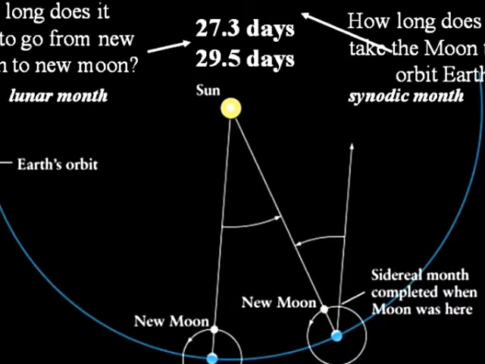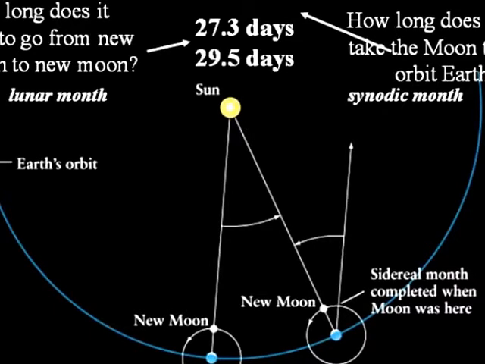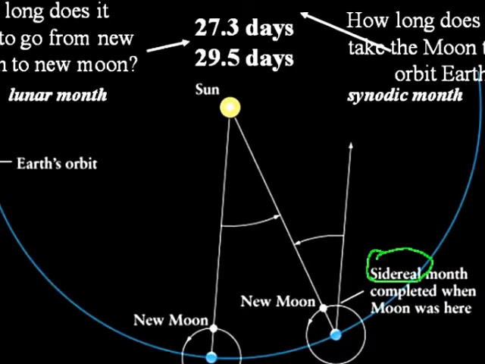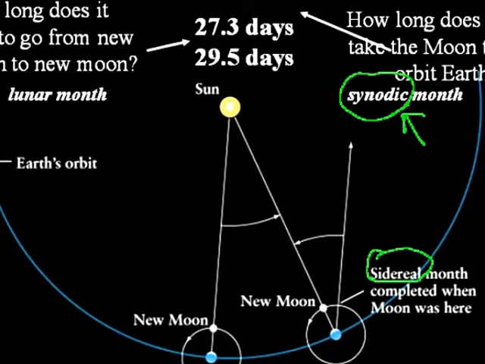There is a difference between the types of months. There are actually a couple of types of months. One is referred to as a sidereal month, and the other one is referred to as a synodic month. You and I are used to this synodic month of 29 and a half days.